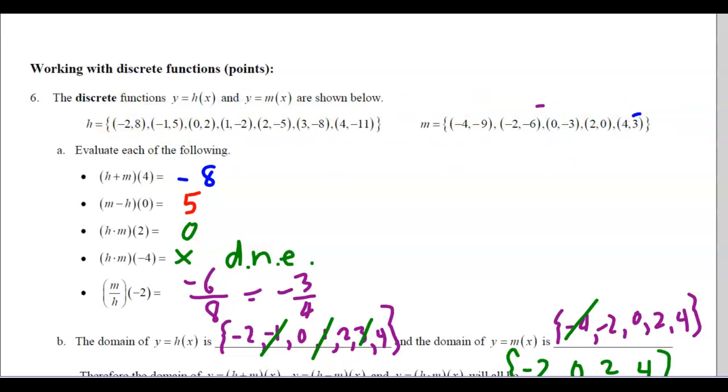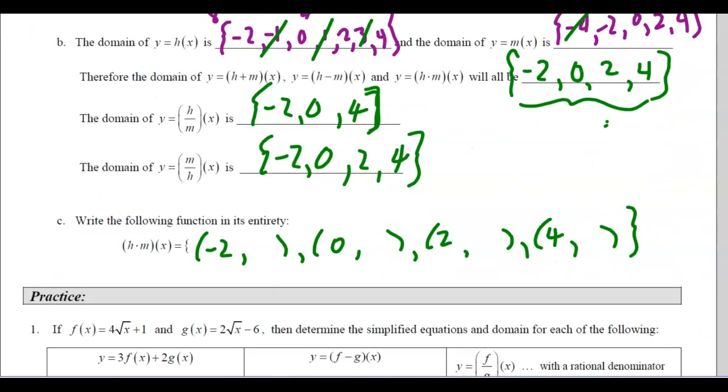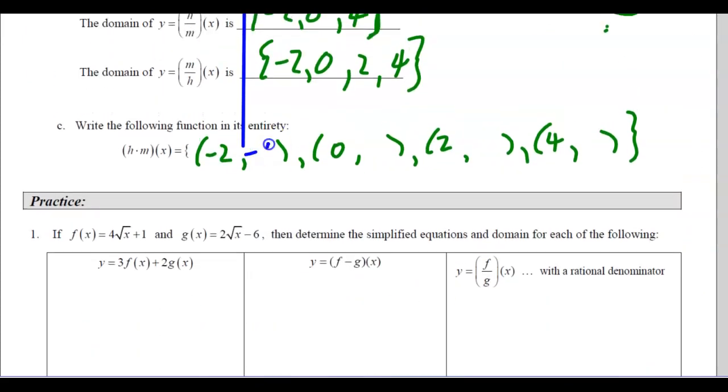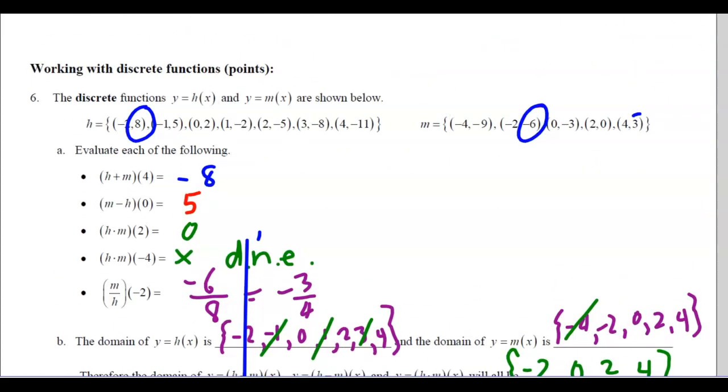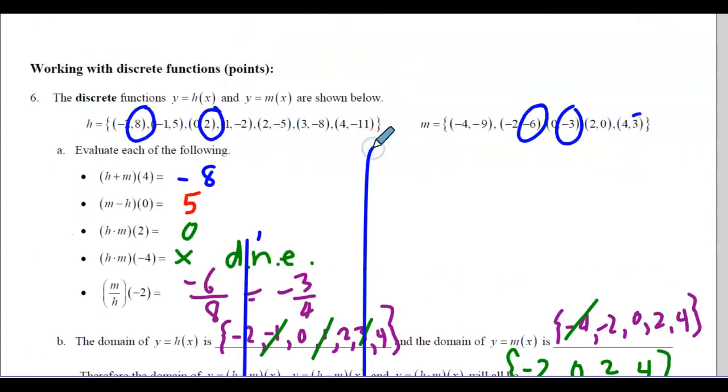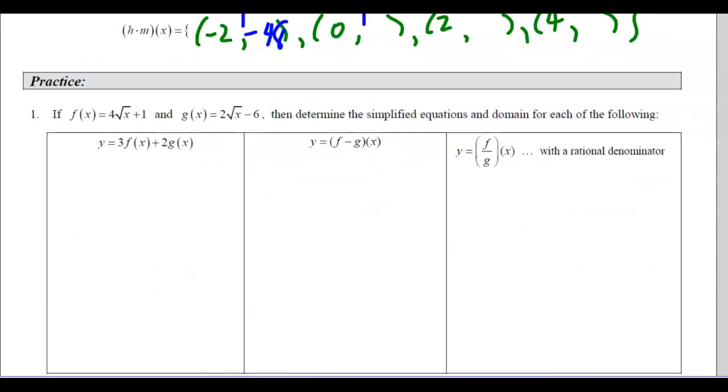So negative 2, that's 8, times negative 6 is negative 48. Then when x is 0, we've got 2 and negative 3, so that's negative 6. Doesn't like it when I scroll.